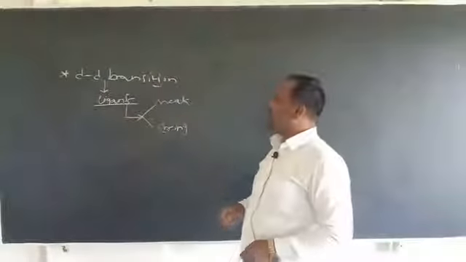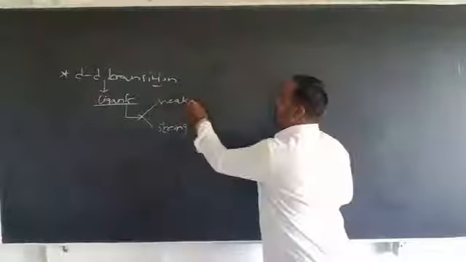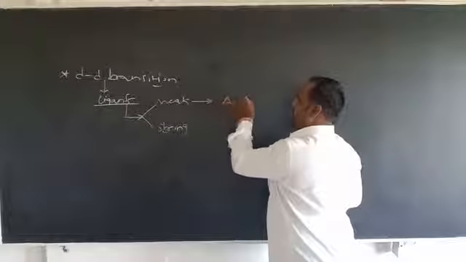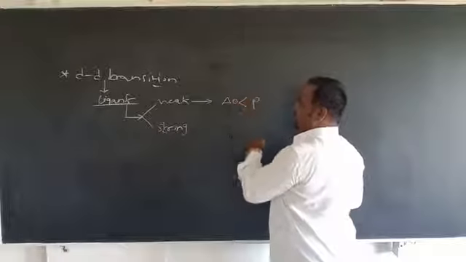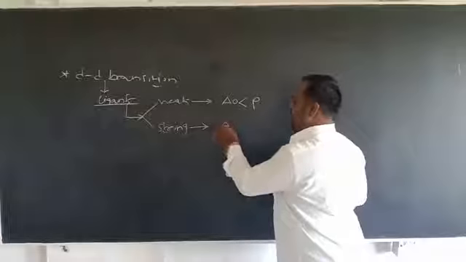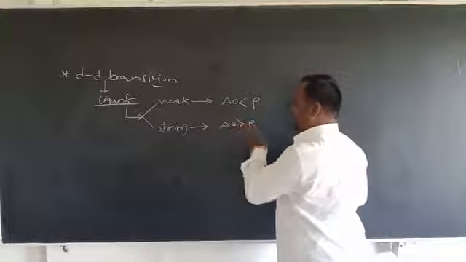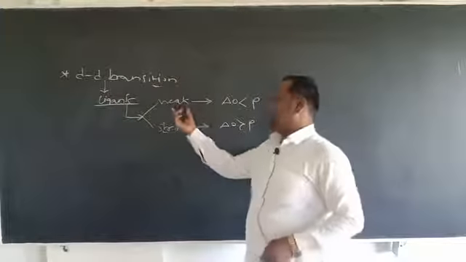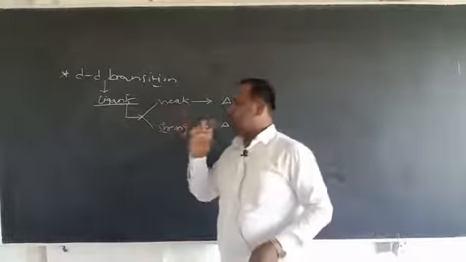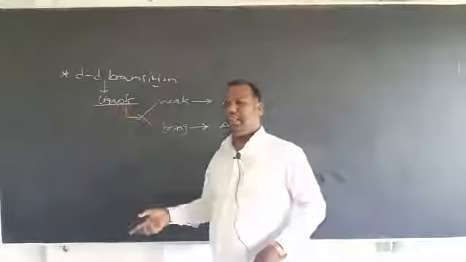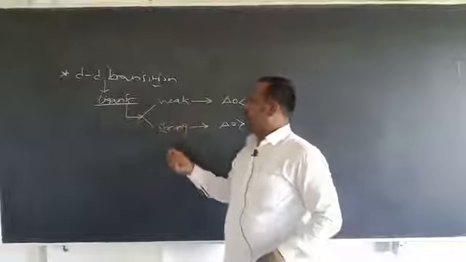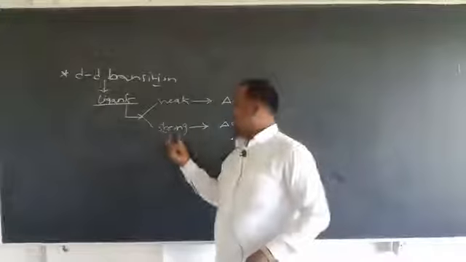In presence of a weak field ligand, delta octahedral is less than the pairing energy, while in a strong field ligand, delta octahedral is greater than the pairing energy. So what is this delta octahedral and this pairing energy? You should keep in mind that ligands have two types: weak field ligand and strong field ligand.